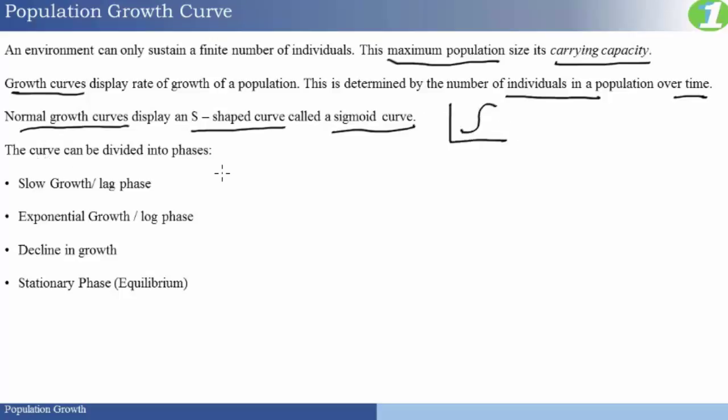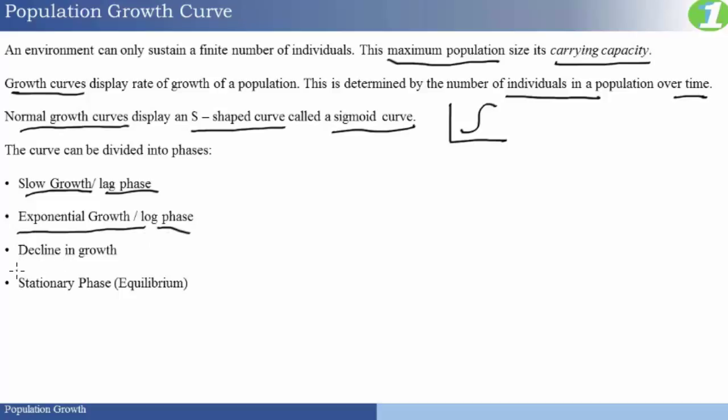Now, for simplicity and to explain what is happening at each phase of the curve, we have divided the curve into 4 main phases. The first phase is a period of slow growth, also called the lag phase, because it's also lagging behind or moving very slowly. Then we have a period of significant or exponential growth, and this is also called the log phase.